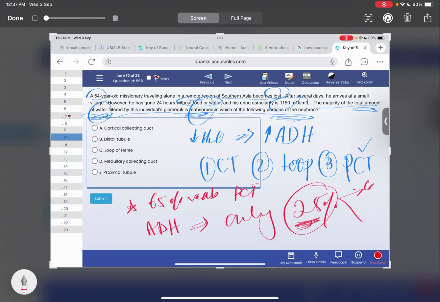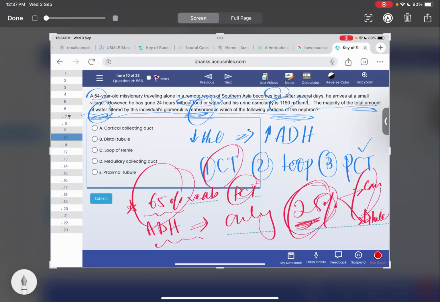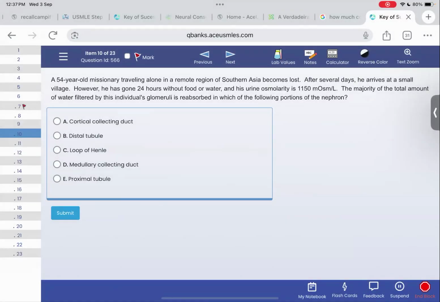Either concentrated urine or dilute urine. So most of it is reabsorbed in the PCT, and ADH is managing 25% in collecting ducts. So be careful in doing MCQs like that.